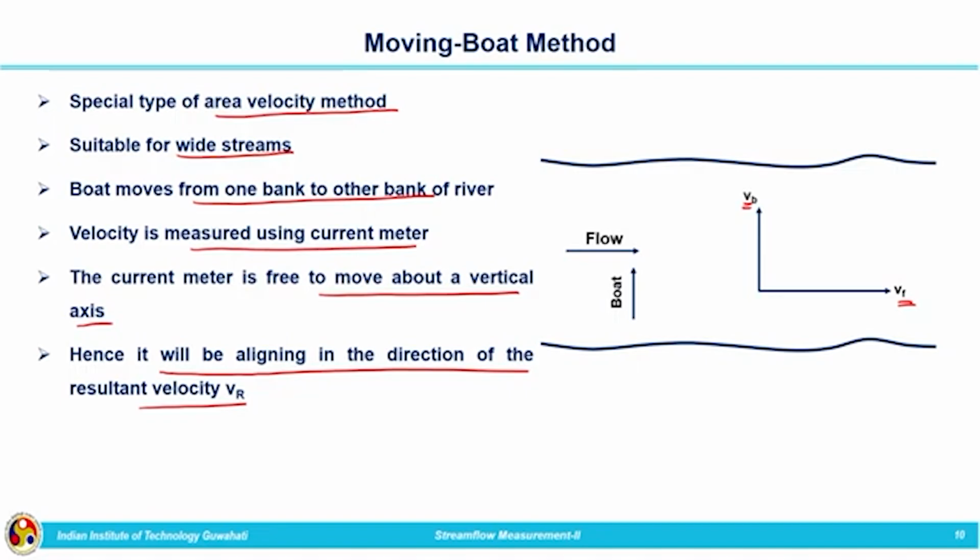So definitely the current meter will be held in the direction of the resultant velocity. Resultant velocity is represented by the notation Vr. This is the direction of resultant velocity and the current meter will be measuring Vr. The angle between the direction of boat and the resultant velocity is marked by theta. So we can write the velocity of boat Vb is equal to Vr cos theta and velocity of flow Vf is equal to Vr sin theta.